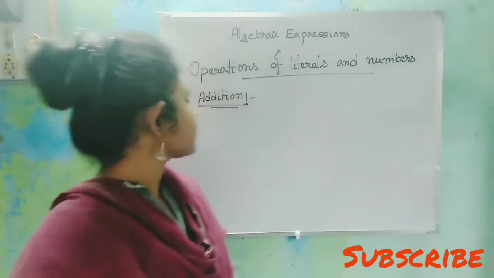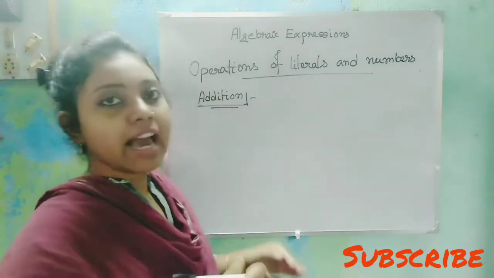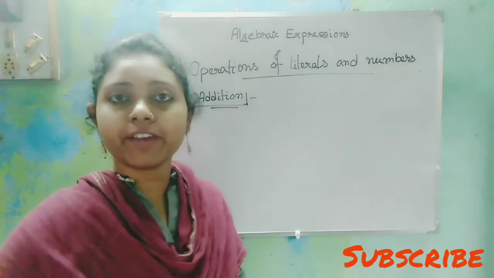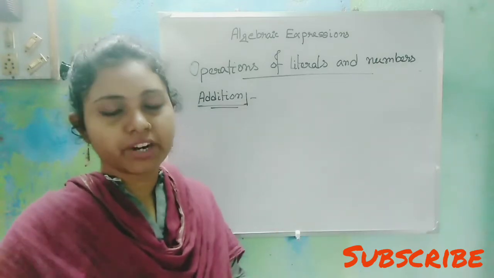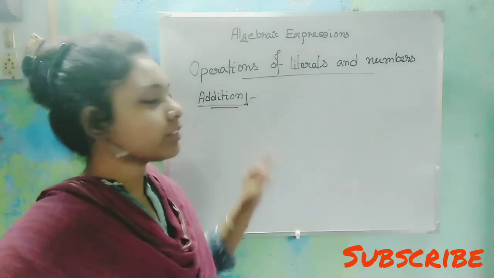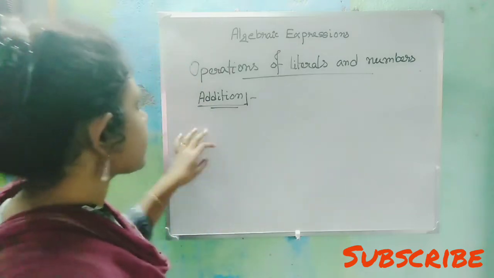So next, operations of literals and numbers. I have already said that literals also obey all the rules of addition, subtraction, multiplication and division, as numbers obey in arithmetic. So let's start. Addition.